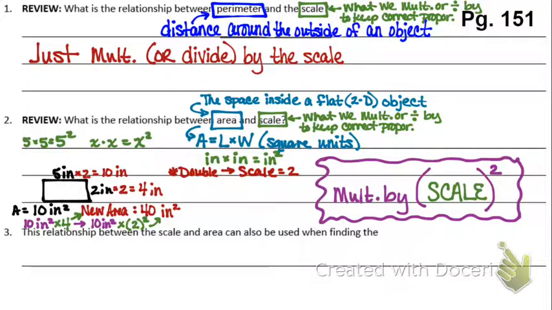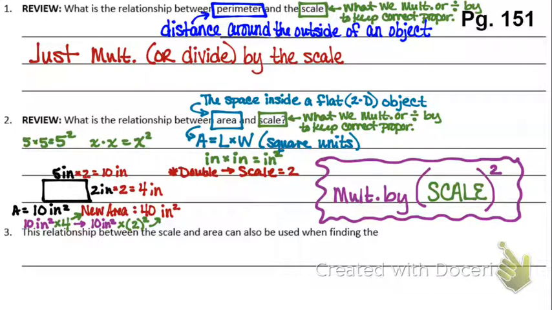Not just 2 inches, but what changed in size? Area. My area changed in size, but before my area changed, what else changed? The length and the width. We doubled the length, we doubled the width. So I multiplied by 2 for this dimension, I multiplied by 2 for this dimension.